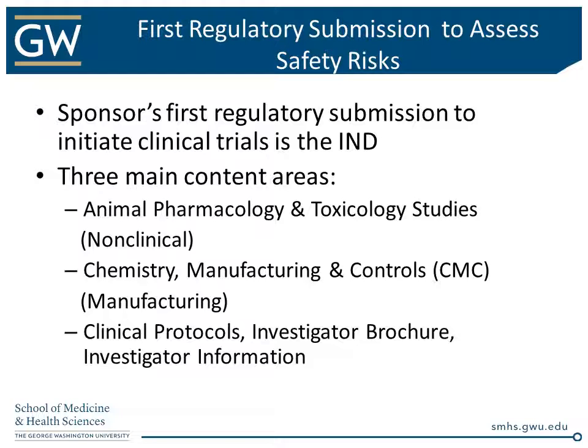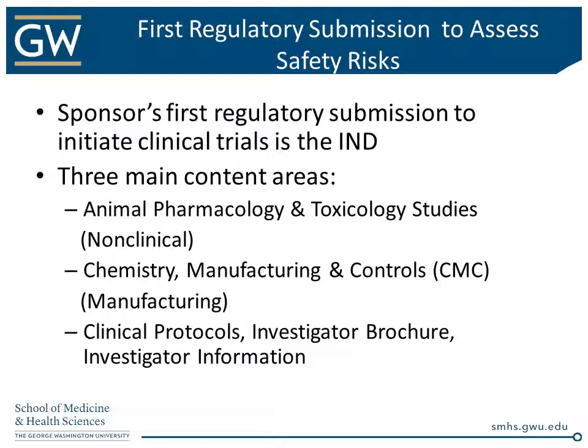An IND is comprised of information in three main areas, which are, again, reflected in the investigator brochure. Animal, pharmacology, and toxicology studies, which we'll term non-clinical, and includes all non-clinical reports or sometimes just summaries, which are what's required now for INDs, that support the safety of the compound.